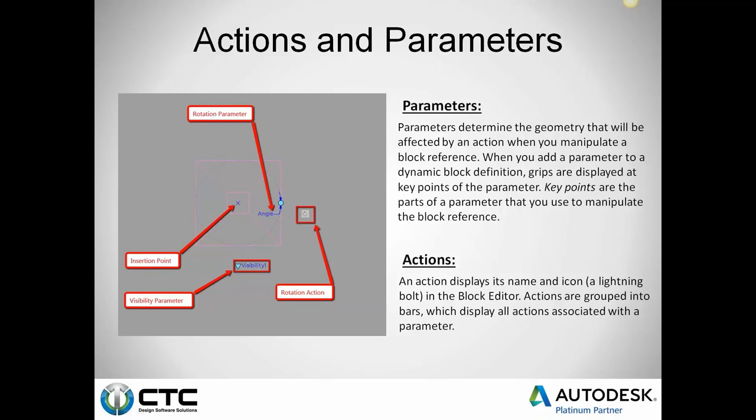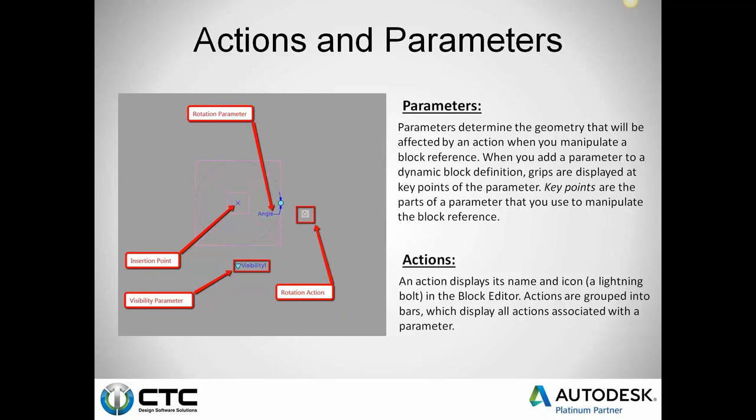So parameters don't necessarily affect the geometry by themselves. They just give the end user these key grips that they can control at certain points. And this is where actions come into play. An action displays its name and icon, a lightning bolt, in the block editor.